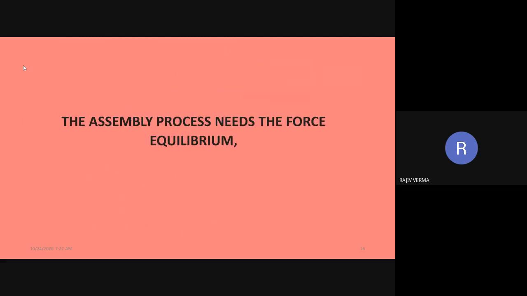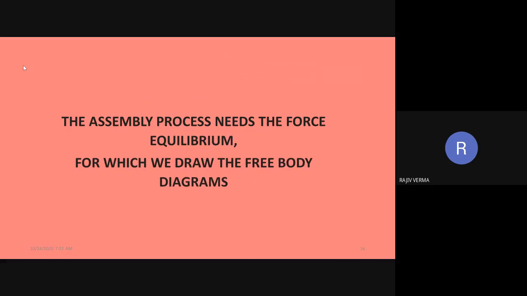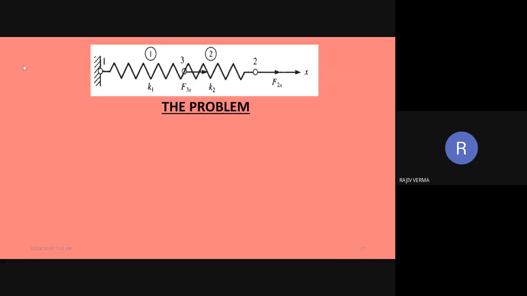The assembly process requires the force equilibrium, for which we are going to draw the free body diagrams in the next slide. So this is the problem which has been depicted once again.